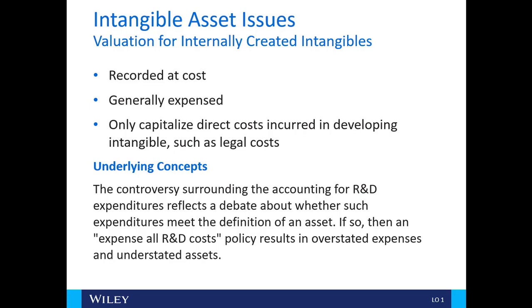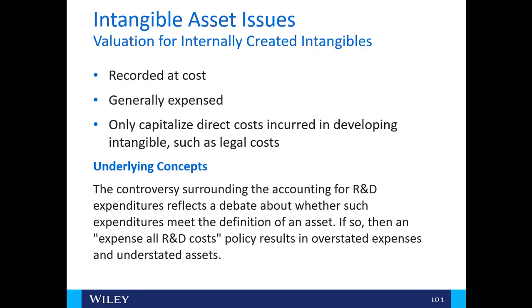We know that it's a good idea, but it's hard to put a value on it. So if we internally develop it, we're going to expense the costs, not capitalize them and put them on the books as an asset. If we were to buy the patent, then we put it on the books as an asset. But if we develop it internally, we expense it.